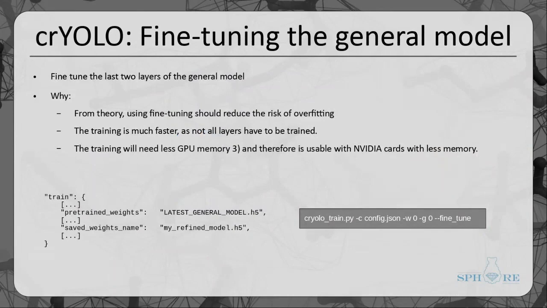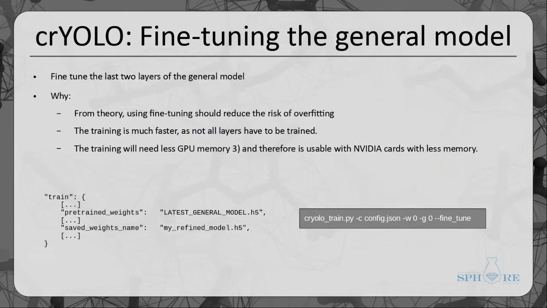One thing I would like to tell you about is fine-tuning the general model. The general model is trained on a big chunk of data, and it learned pretty much general features.